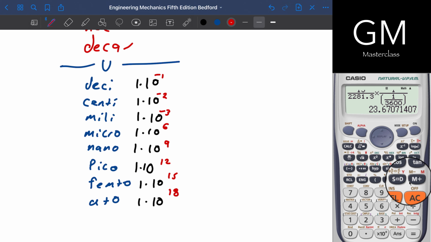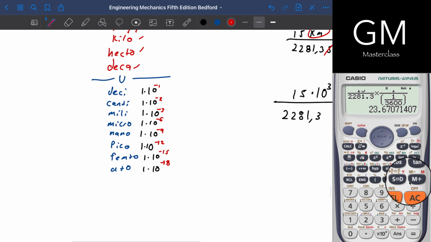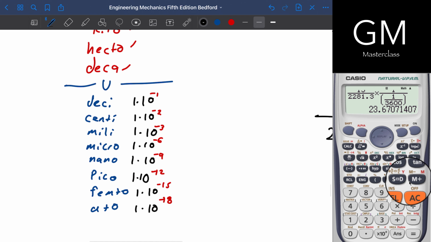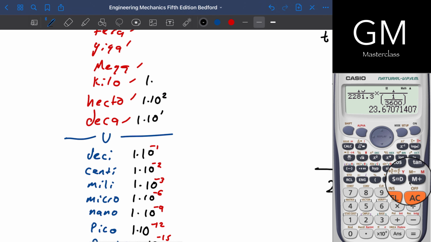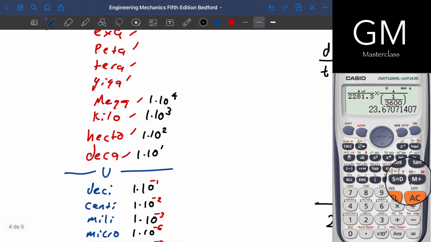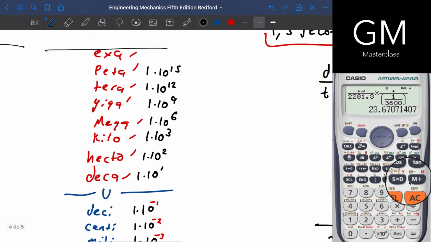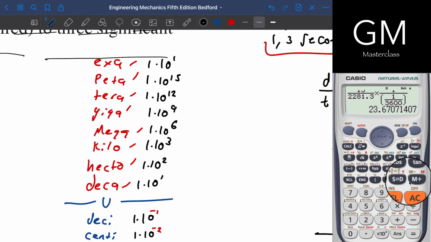And on the upper side, they're going to be positive. So 10 to the 1, 2, 3, 6, 9, 12, 15, 18.